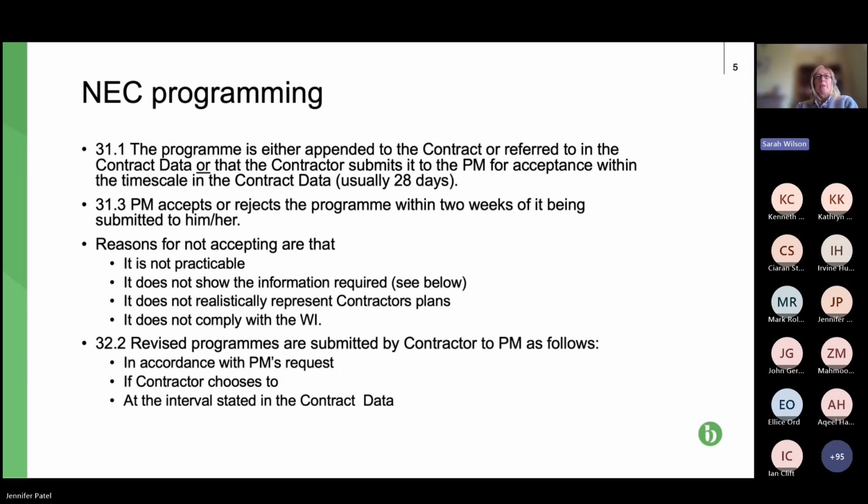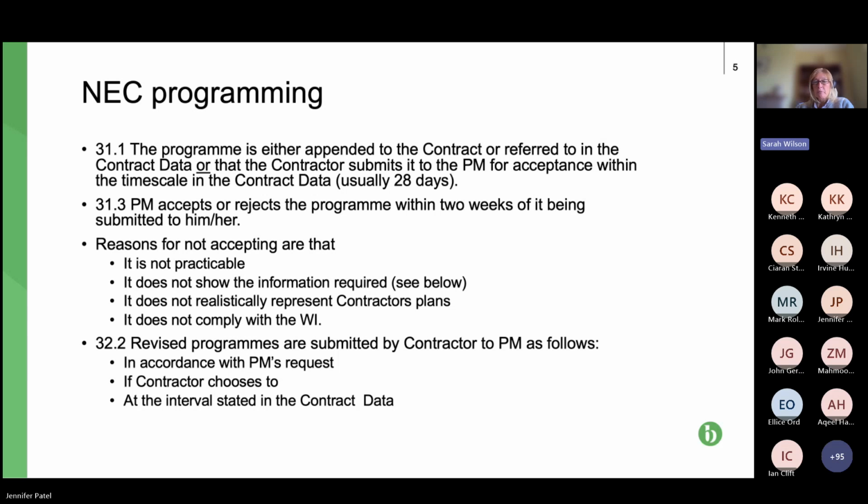So with NEC, the programming isn't just, well, we've got one sewn into the contract, or we've got our accepted programme, that's it, we can forget about it. So at 32.2, there's a requirement for contractors or subcontractors in a subcontract to submit revised programmes.